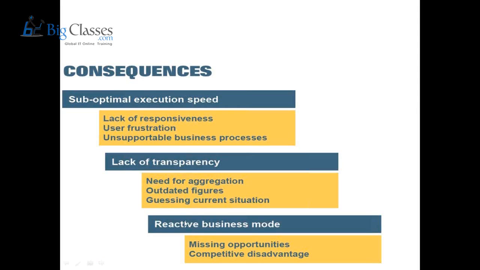So there is no need to guess the current situation, and instead of having a reactive business model, we can have a proactive business model where we can do a forecast analysis and say this is how my sales is going to be in the next 3 quarters, so what can I do to make it better.